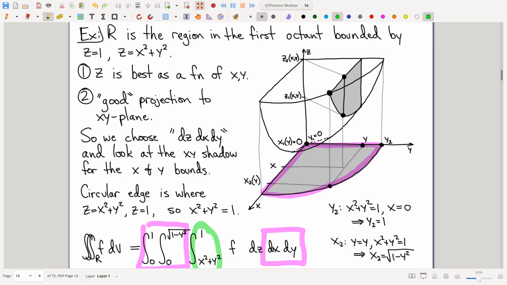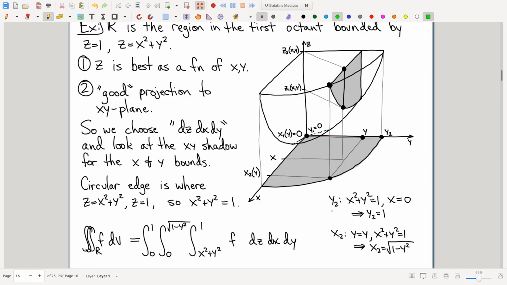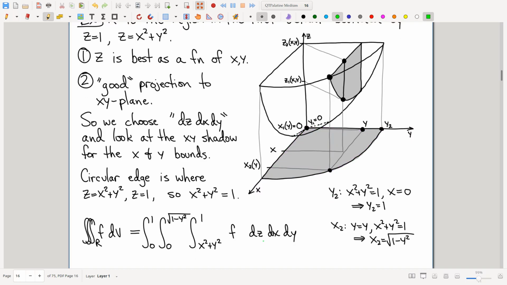How do I find the range of values for z? Let me just do it like this. Keep in mind that this is just a mess. When I get around to doing the z bounds, x and y are fixed. That means we're looking above a single point there in the shadow.